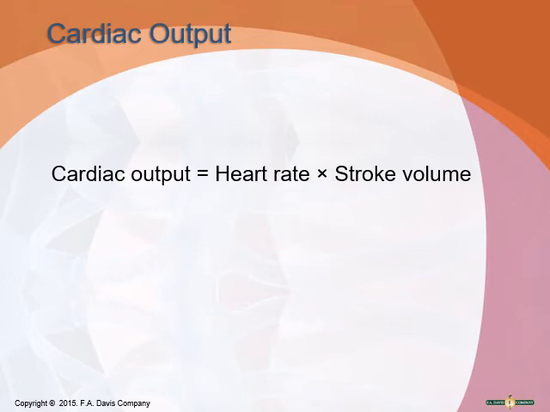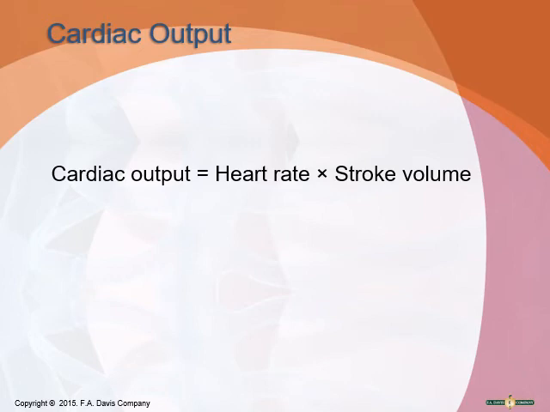Let's use the average adult heart rate at rest, around 75 beats per minute. Your stroke volume is the amount of blood pumped with each one of those heartbeats. Let's also use an average of 70 milliliters of blood for the heart to eject with one beat at rest.